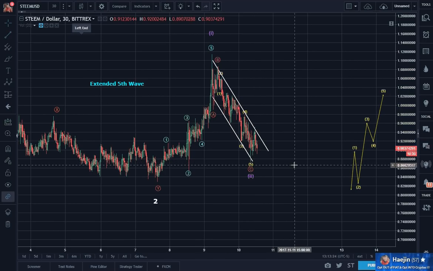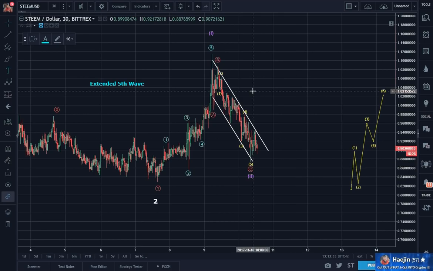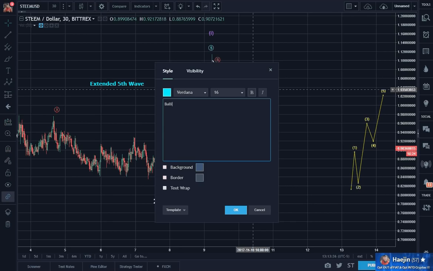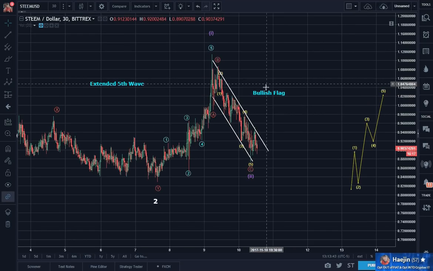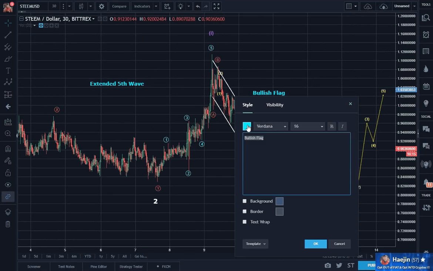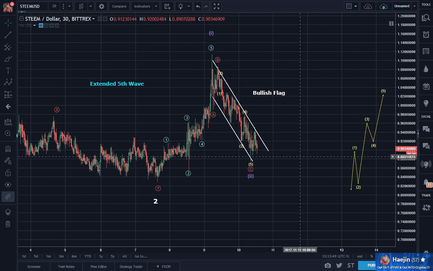What do you call this pattern? This pattern is called a bullish flag. And it is bullish because it is pointing downwards.